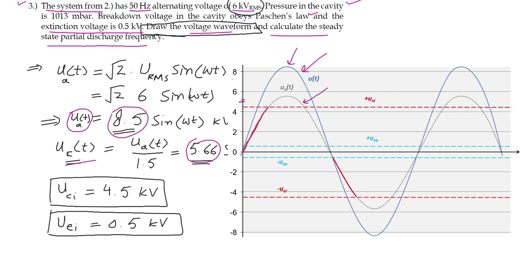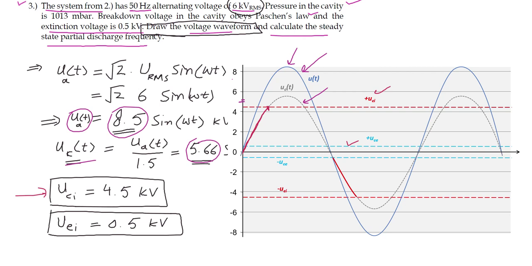This red dotted line is in fact the UCI, which is the inception voltage across the cavity where the partial discharge occurs. And this blue dotted line shows the extinction voltage level where the partial discharge ceases or stops. So now here our cavity will collapse.